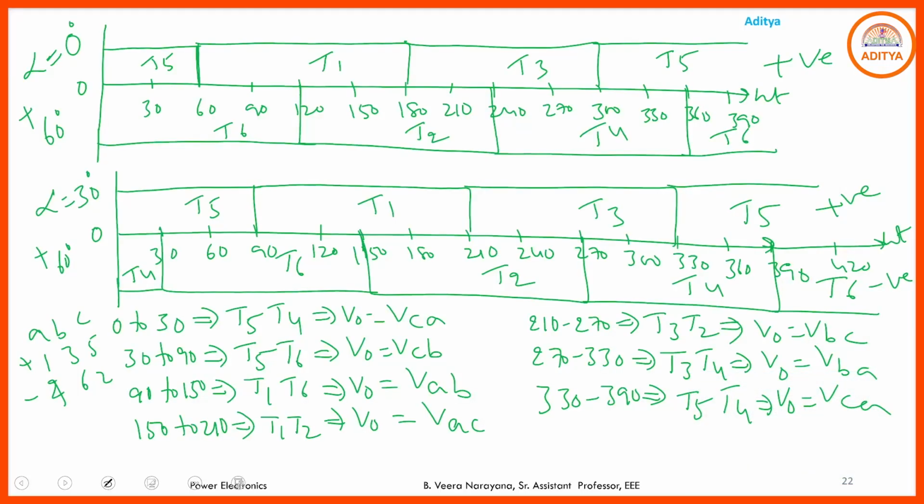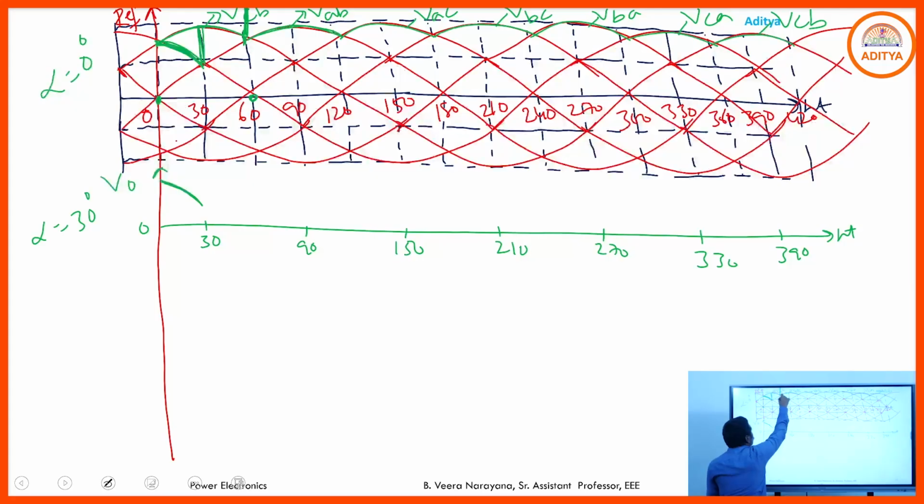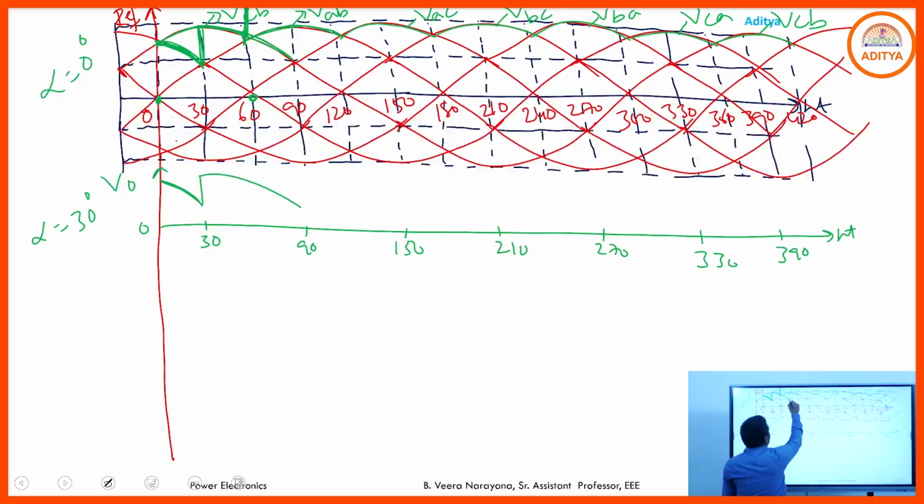30 to 90. What is the output voltage? VCB, then follow the VCB curve. This one is the VCB. 90 to 150, VAB. Just follow VAB.